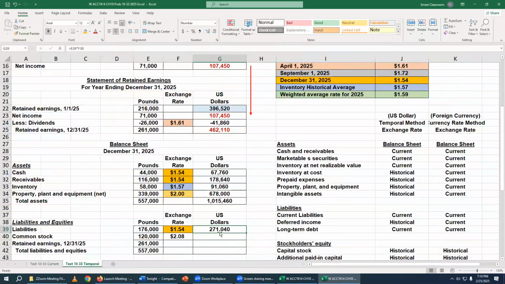All right, so that would be these two. This will be the ending retained earnings, which would be the same as this.